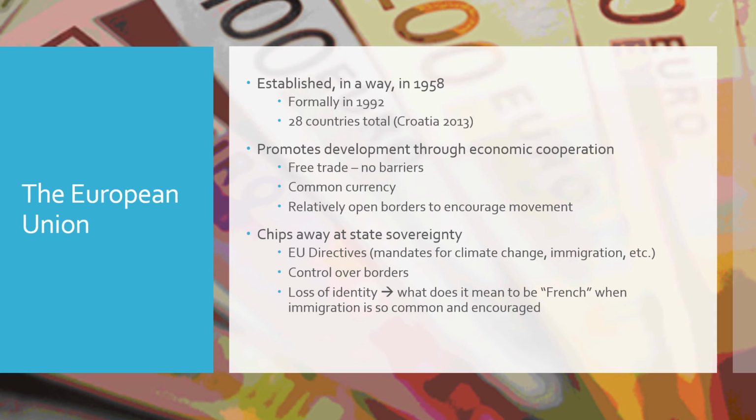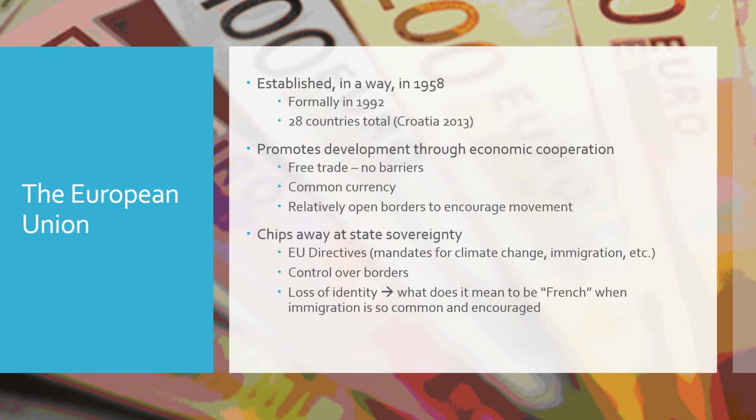So again, this has helped Europe to economically prosper. The EU's GDP is greater than the United States collectively. Of course, if you break it down by country, it's not, but altogether, they are. However, throughout the 25 to 30 years of the EU, there's been a lot of protest against it.